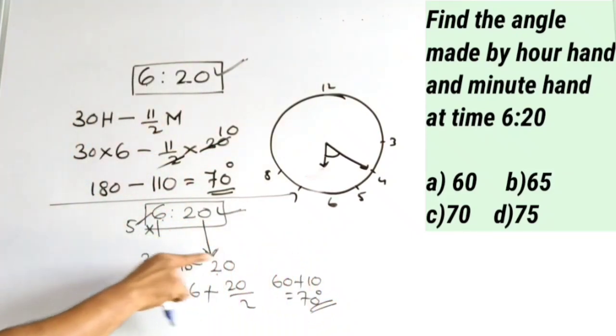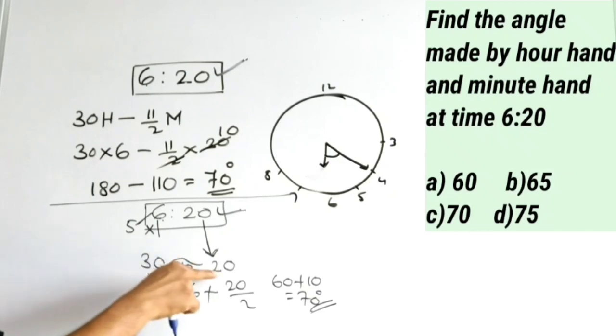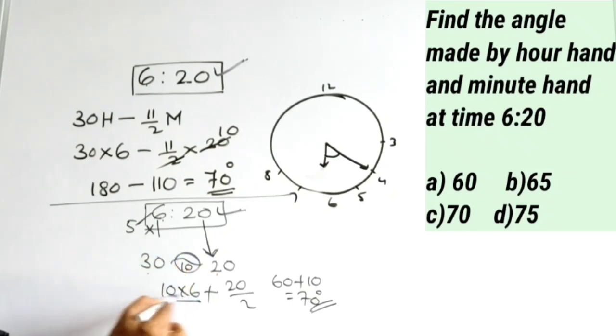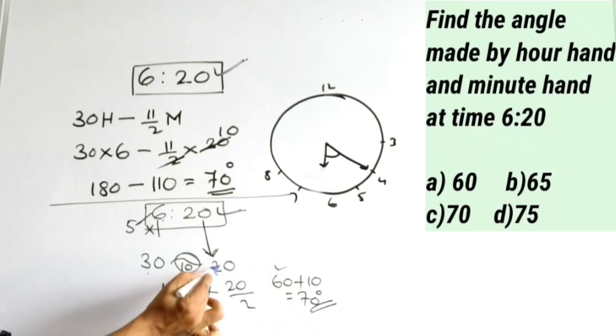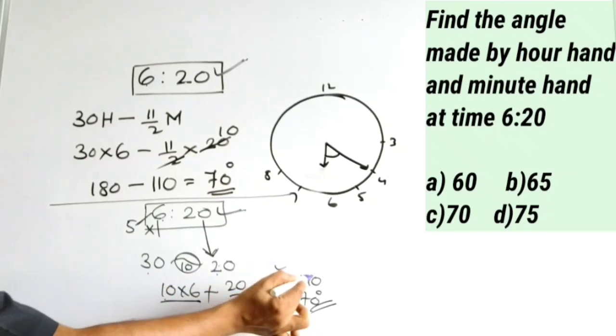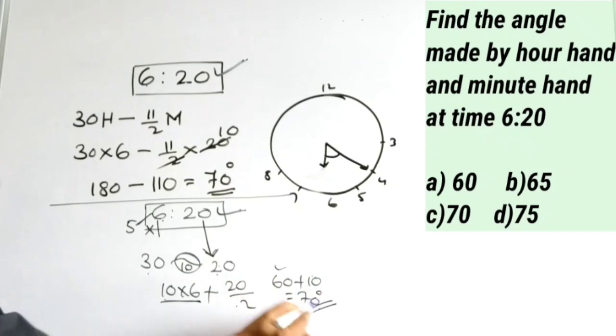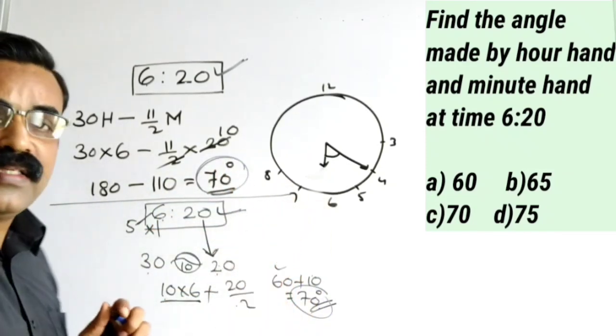But here there is a difference. Here it is 30, here it is 20. So the difference is 10. That 10 is multiplied by 6, so we got 60. And 20 divided by 2, we got 10. So adding these two, you got 70. Here also you got 70. So 70 degrees is the correct answer.